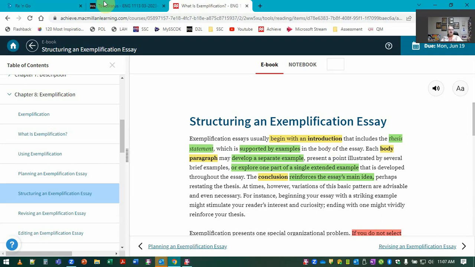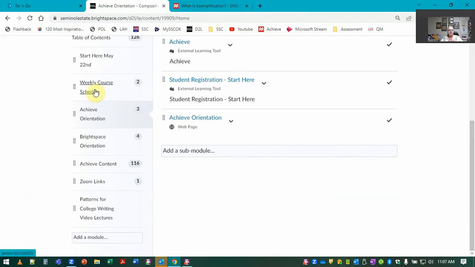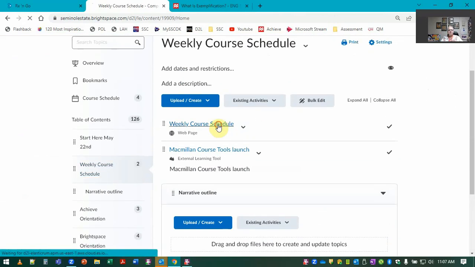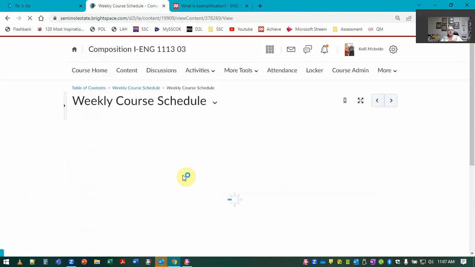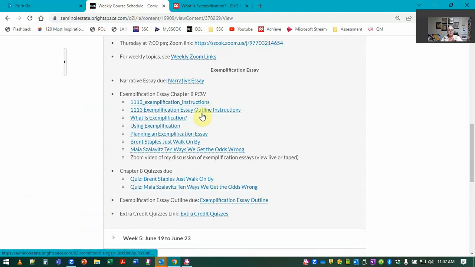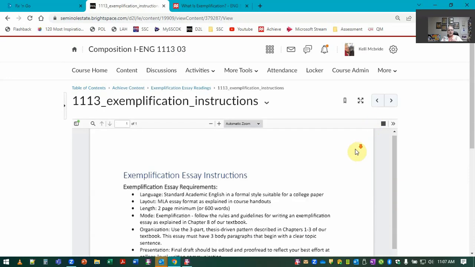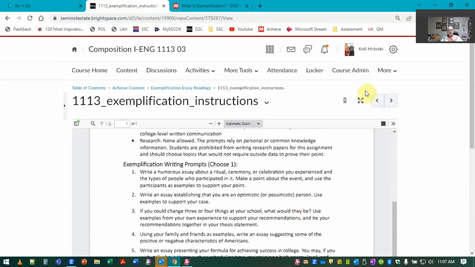So let me go here to the exemplification essay. I should have had this open already. Sorry that I didn't. So I think one of the prompts actually lends itself to just a single extended example, right?